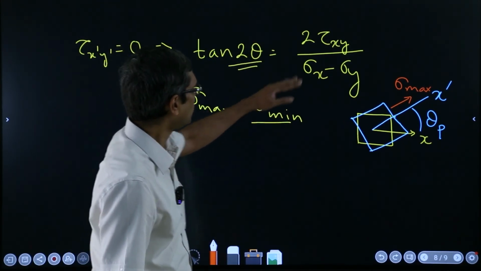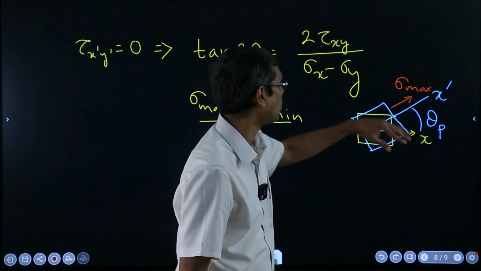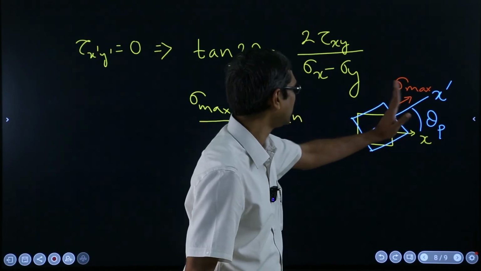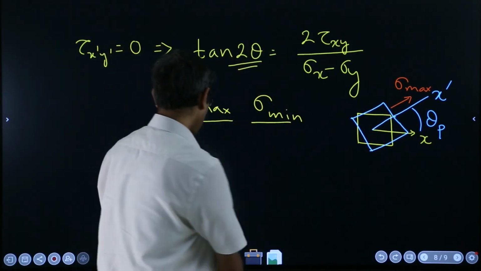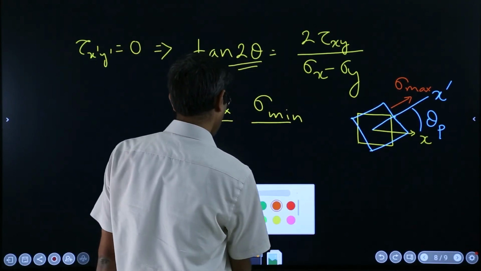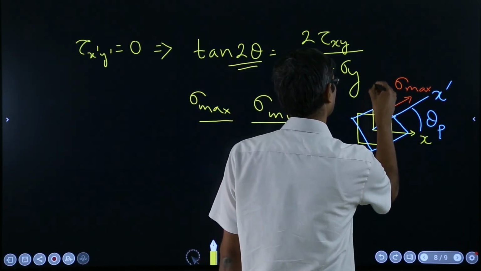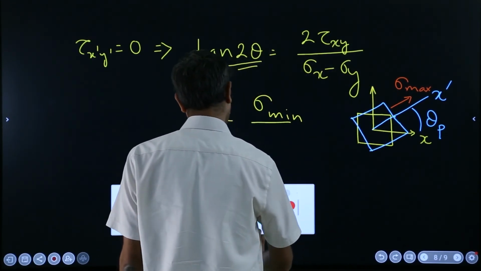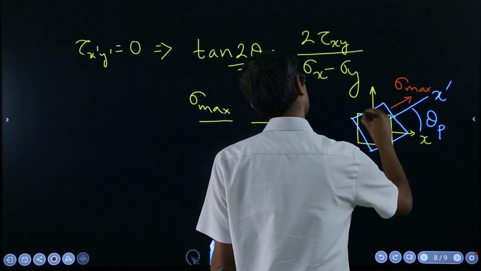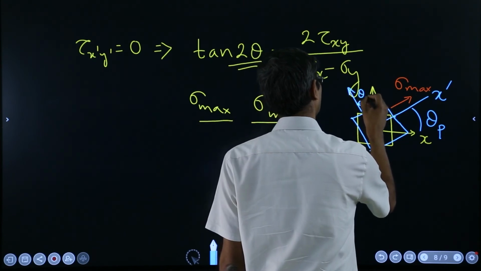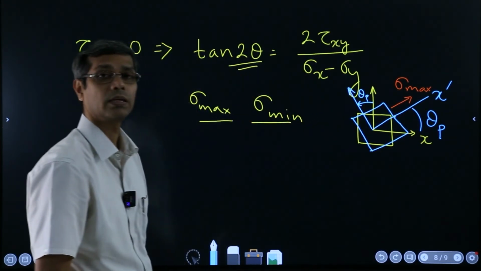That means from the original coordinate system, the xy coordinate system, if you rotate it by theta, similarly I can draw even the y axis. So the y axis for the original was here, and the y axis for this new configuration is here. So again this is theta p, okay.